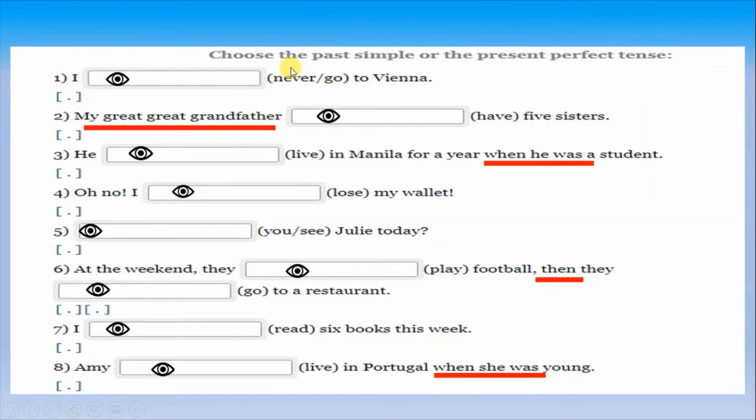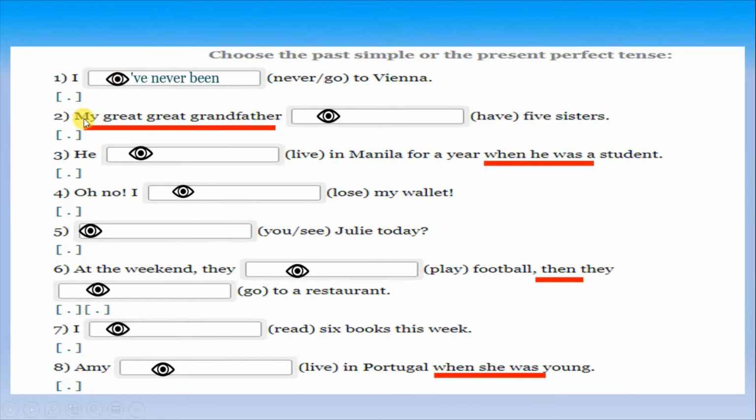This sentence has never. It means negative. This means a negative sentence. Thus, you need to use present perfect tense. You see here, I've never been to Vienna.